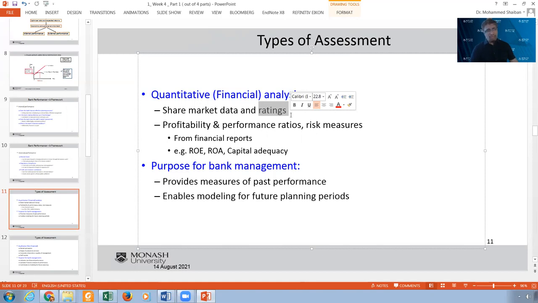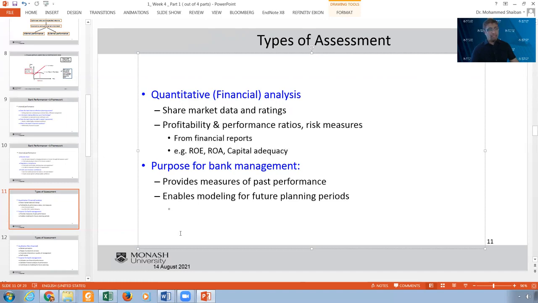They bring what you call triple A, double A, triple B, and we go down in this rating of those 3 big rating agencies in the world. And it's very, very important to have a good rating as a bank. We also look at the profitability. So we look at the market data. We look at how the regulators look at us. And of course, the rest is the financial ratios.